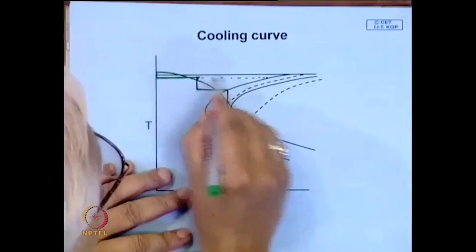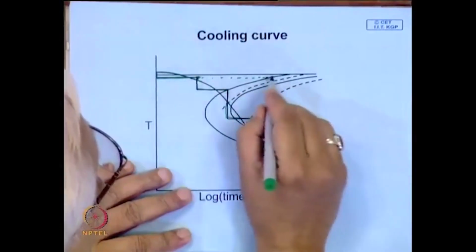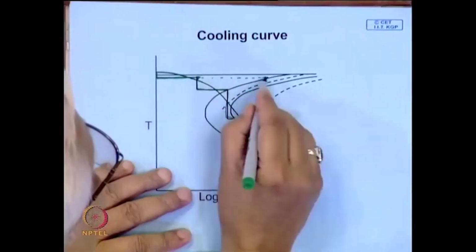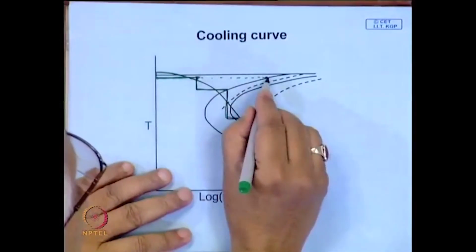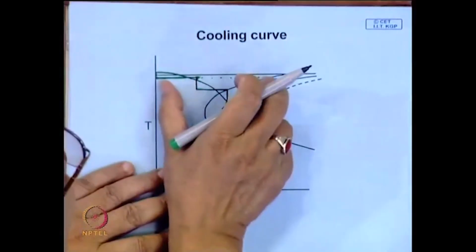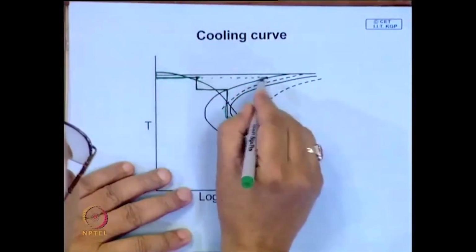So, it remains for a certain fraction of the time. A part of this transformation has taken place, which is not visible, but that hold time is proportional to a part of this hold time. If you would have kept it that long, transformation would have started, but you have not kept it that long.